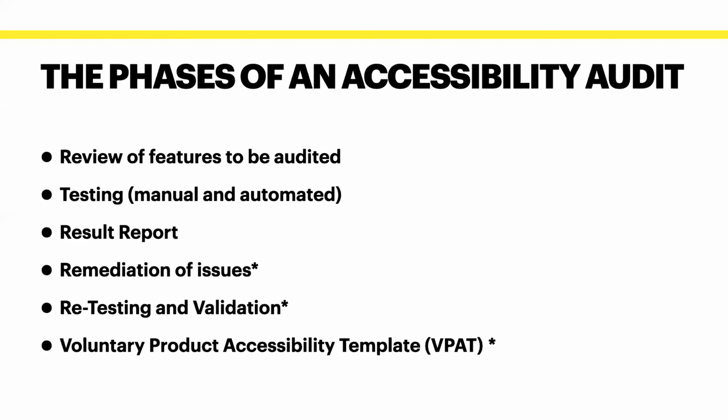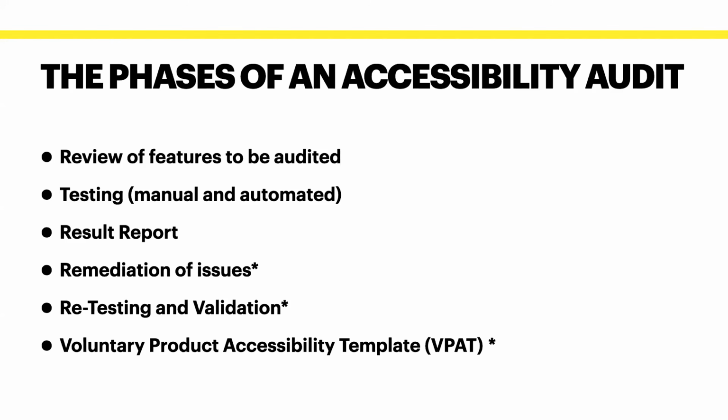Then you have the testing phase, with both manual and automated testing using different tools. Then you get the result report, where issues were found and what standards were violated, like different accessibility guidelines. Then comes the remediation of issues, when you start fixing the issues with your developers. And then retesting and validation.